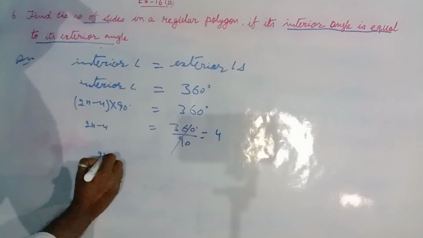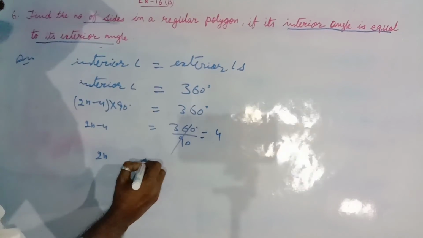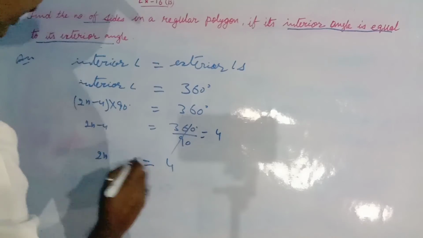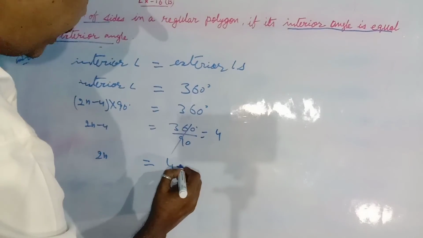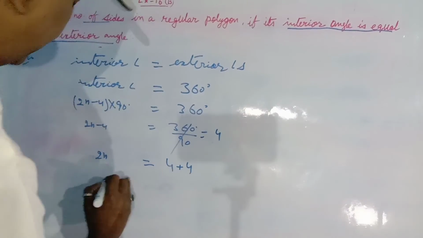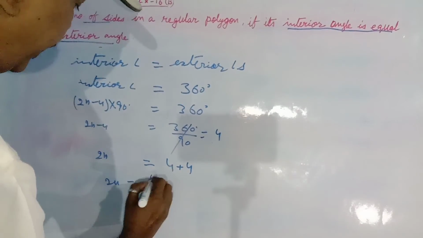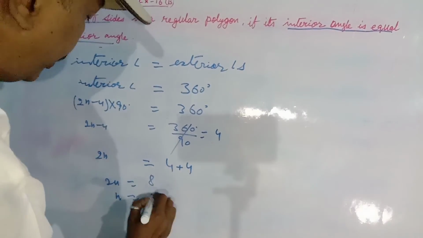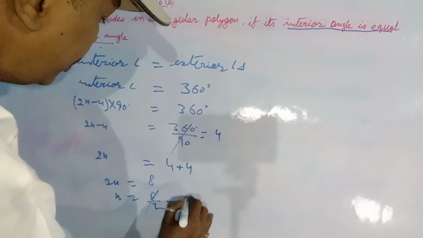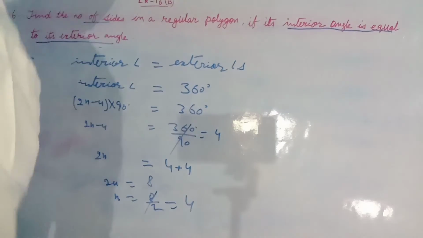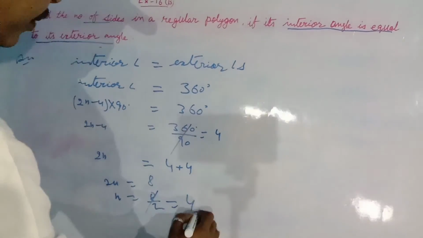Now 2n equals 4 and here minus 4. Now it will be transposed here, and then it will be plus 4. Then 2n equals 8. Then the number of sides equals 8, and here 2 will be in the division. Now it is 4. Then the number of sides is 4. The answer will be 4.